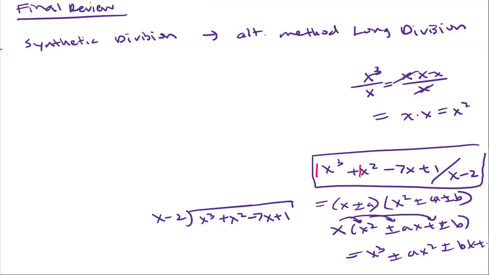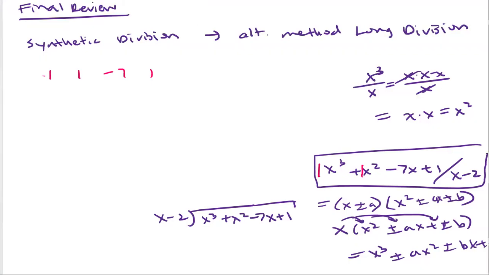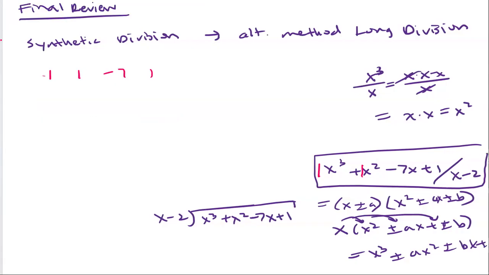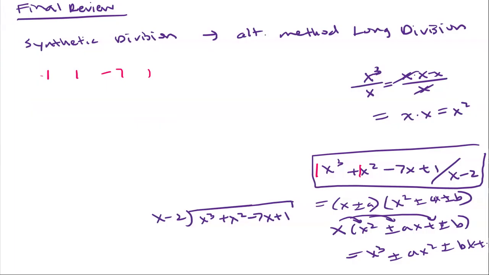Those are the coefficients, so I list them here: 1, 1, minus 7, and 1. So what you want to do now is find what are called roots, I should say factors, that will divide into this polynomial.